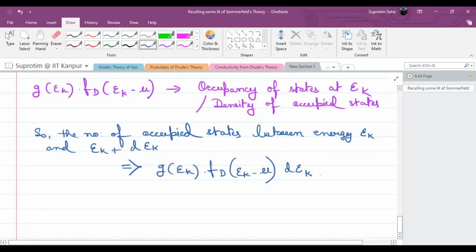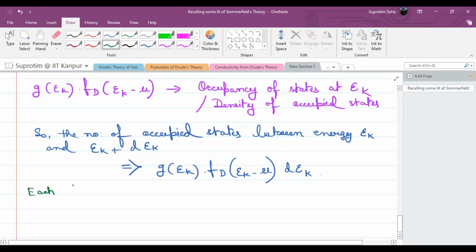So the number of occupied states in the energy interval d of Ek will be given by g of Ek times the Fermi-Dirac distribution, let's say at a finite temperature T, times dEk, which is the interval of the energy that you are going to consider.